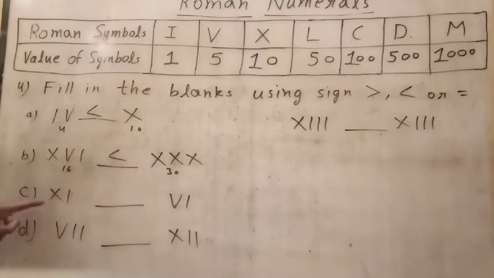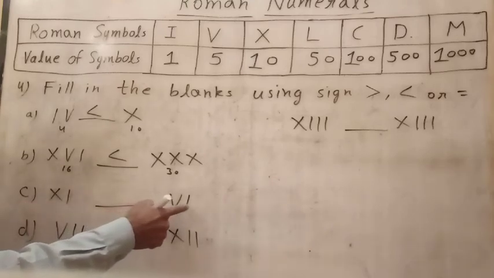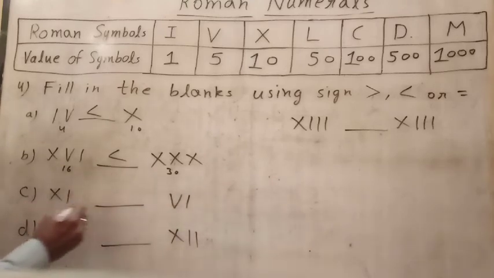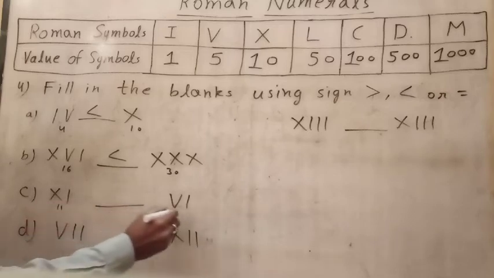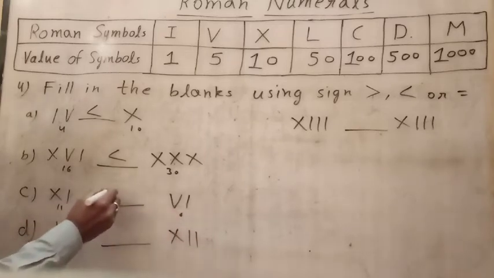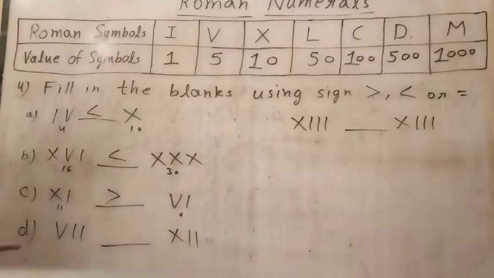XI, 10 plus 1, 11. And VI, 5 plus 1, 6. 11 and 6. So which one is greater? 11. Next, VII: 5 plus 1, 6, plus 1, 7. And XII: 10 plus 2, 12.